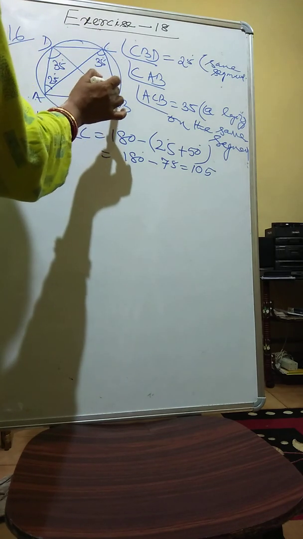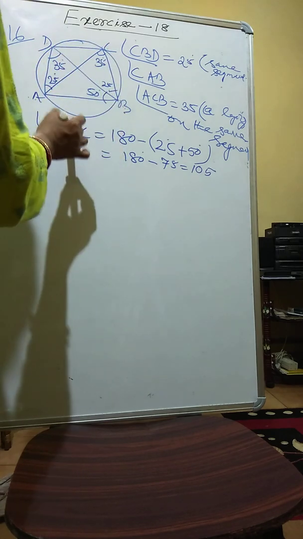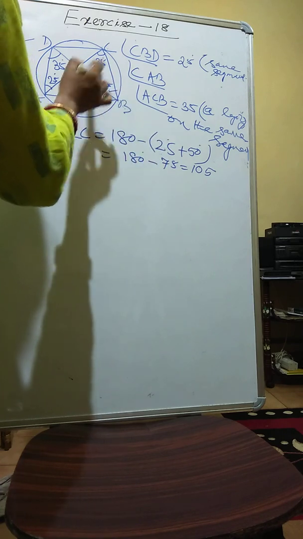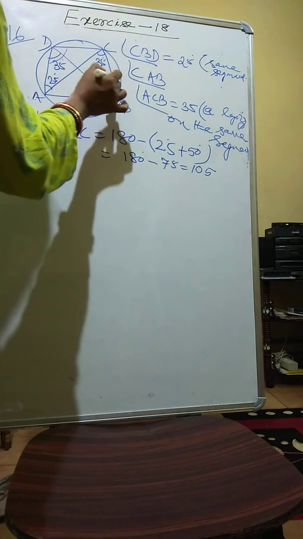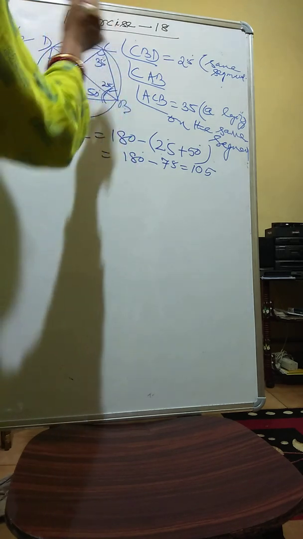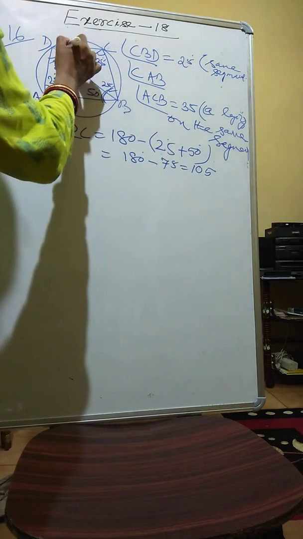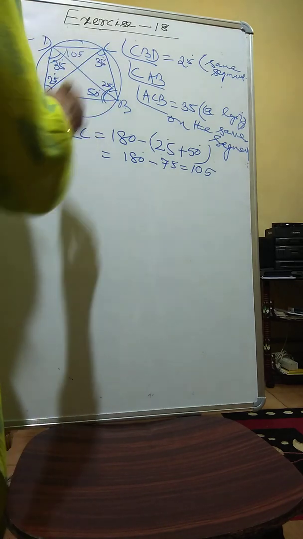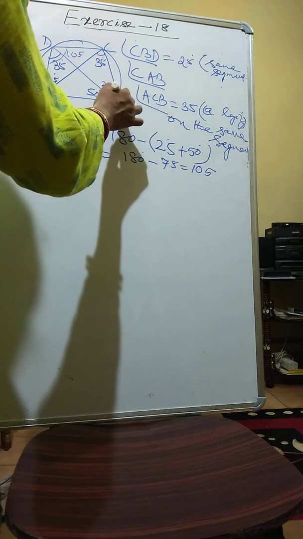Okay. Now you are getting BDC, because you are getting that BDC is 180 minus (25 plus 50). This total angle is 180. Already we are getting this one. Therefore, you are getting angle BDC is 105. Now, the question is giving CAB.